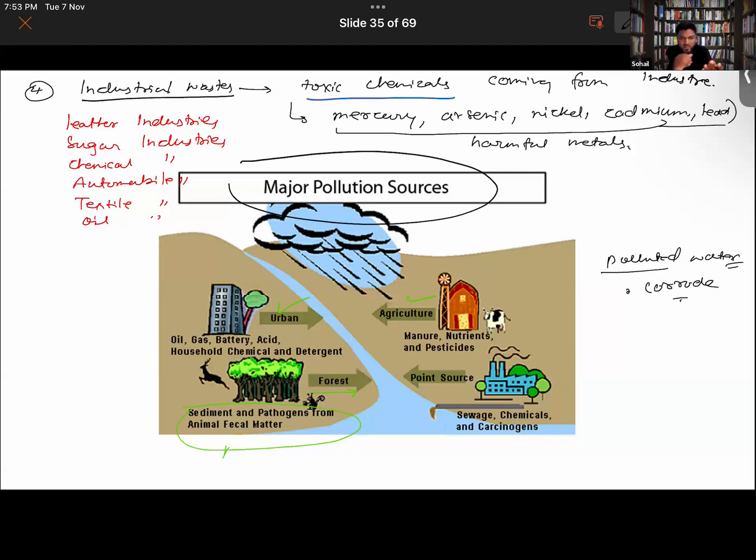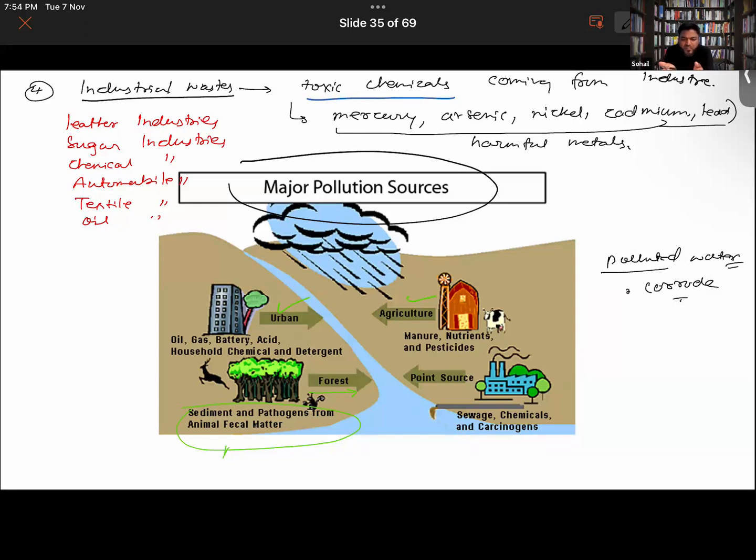Water pollution is basically unfit for human consumption. The Ganga got spoiled because of water pollution, and it is one of the dirtiest rivers in the whole world. Yes, that is true.